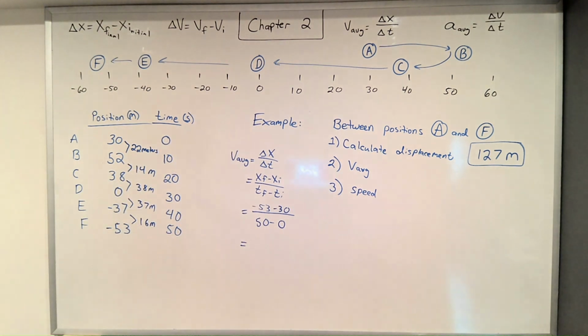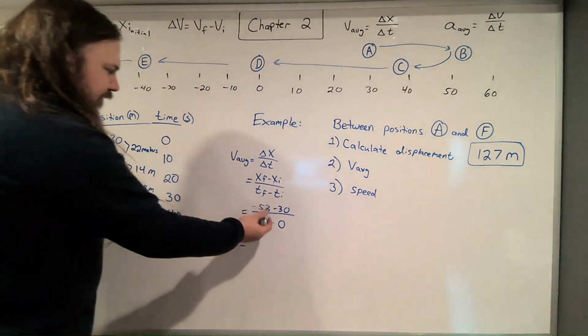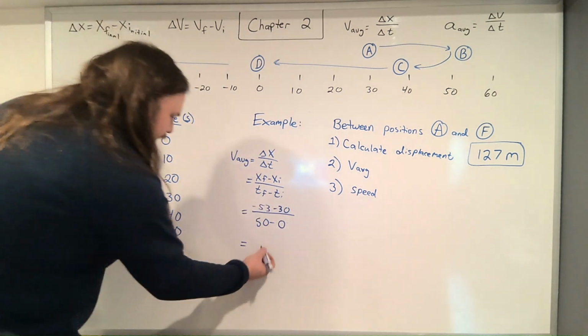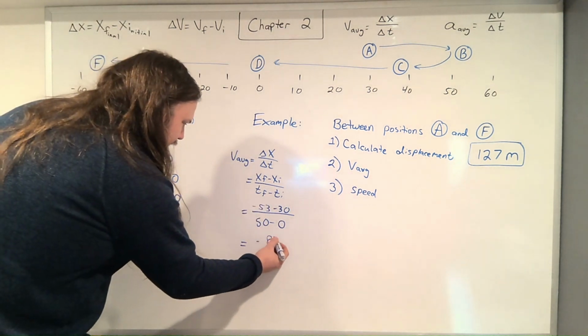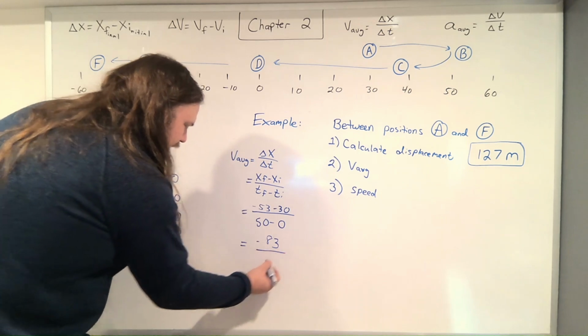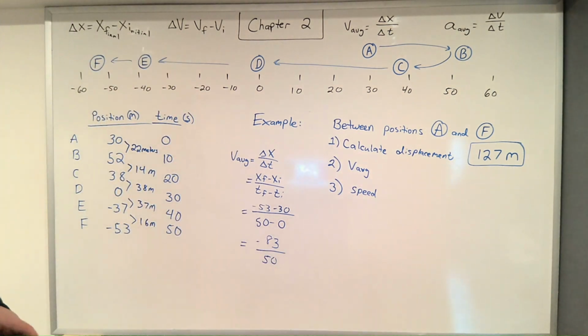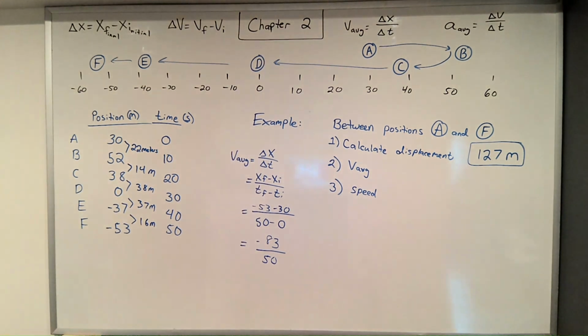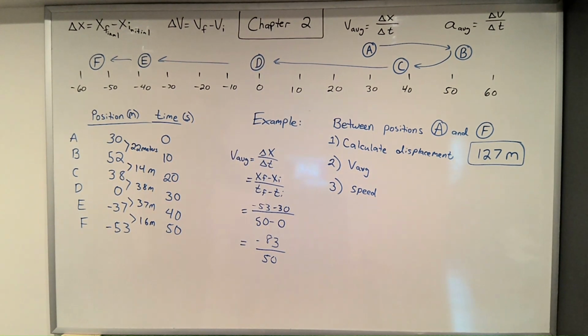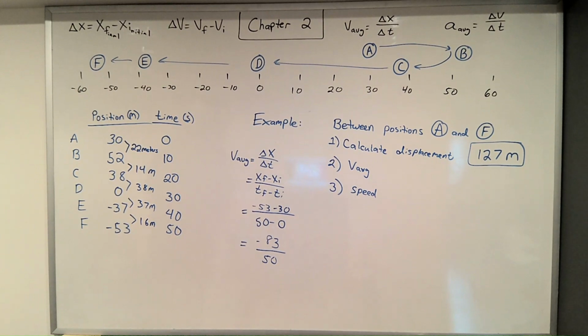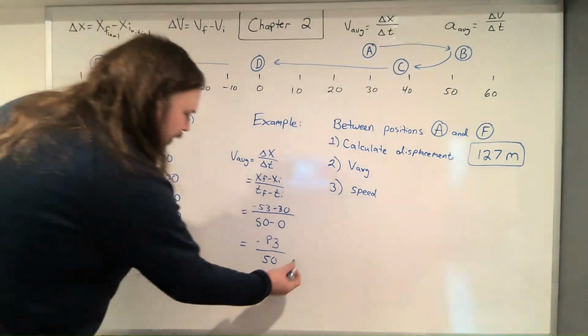Okay. So what do we get here for our answer? Well, negative 53 minus an additional 30, going to give us a negative 83. 50 minus 0 gives us 50. Okay. So negative 83 divided by 50 should give us around negative 1.7.